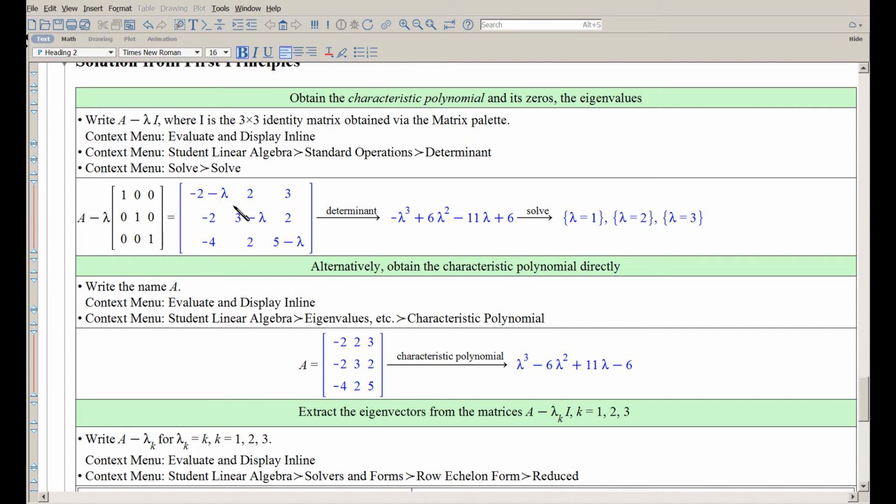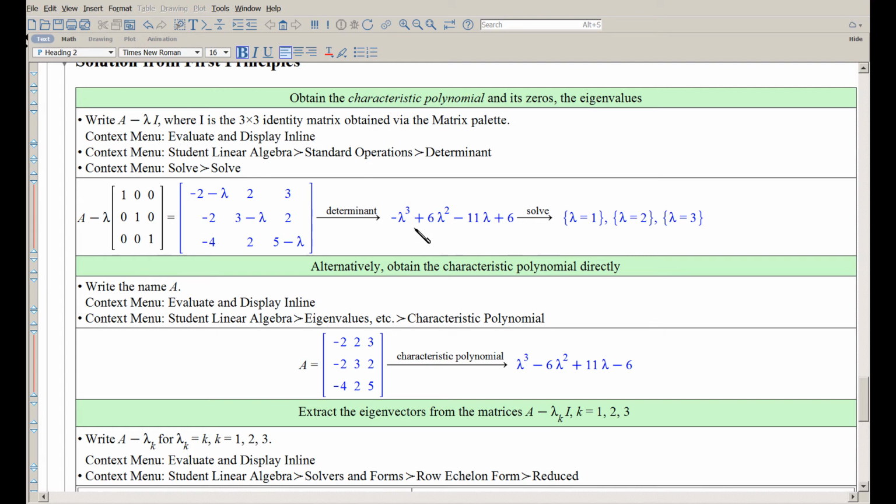And so you see that lambda is subtracted along the main diagonal. For these three planes to have non-zero solutions or intersection, they have to be coincident. These have to be linearly dependent. The determinant of this matrix has to be 0.